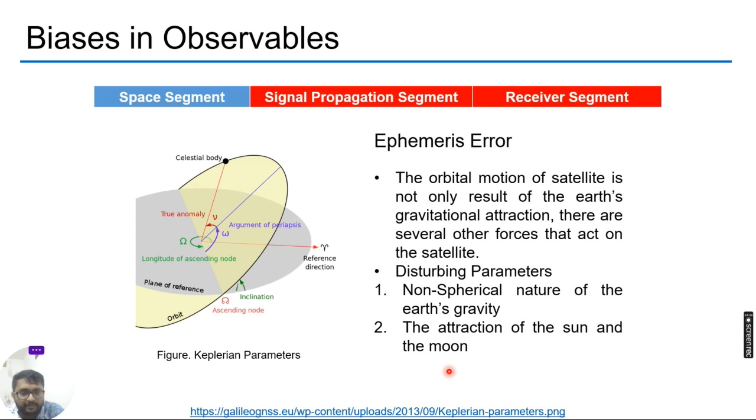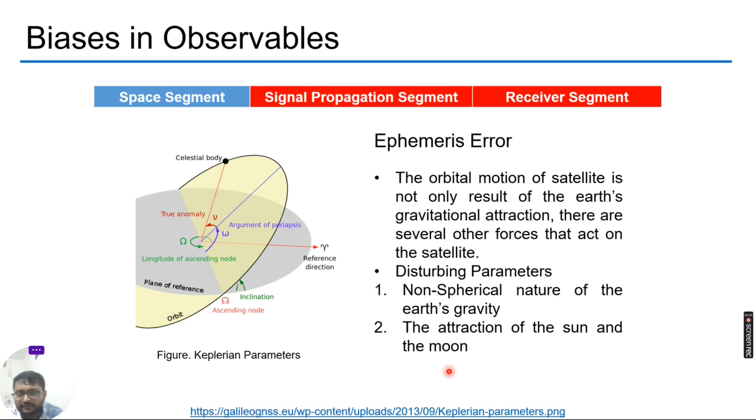Apart from that, the attraction between the sun and moon will also affect the gravity, which will also disturb the orbit. Here we have the Keplerian parameters, which define the orbit of any celestial body. Using those parameters, we can model this ephemeris error if gravity or something else is changing.